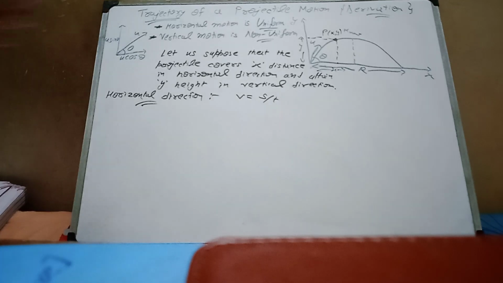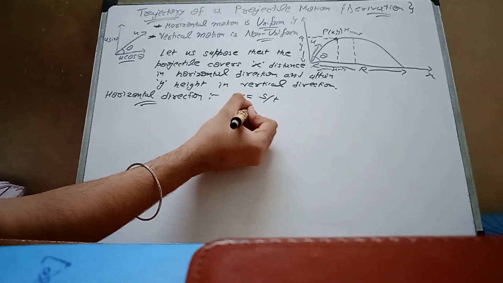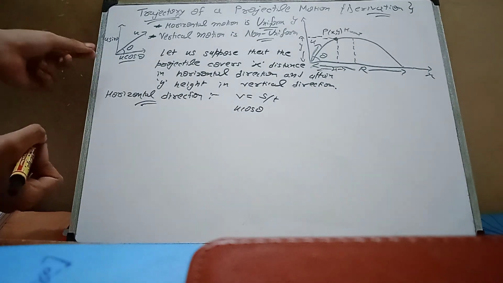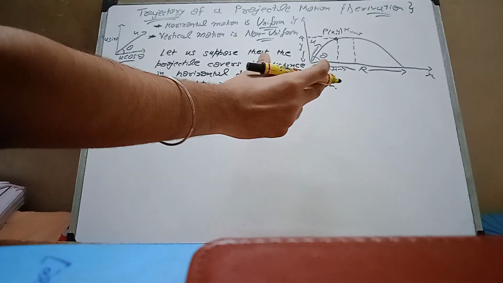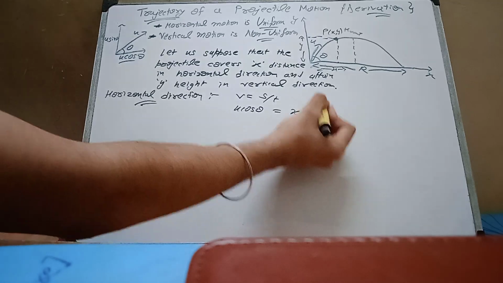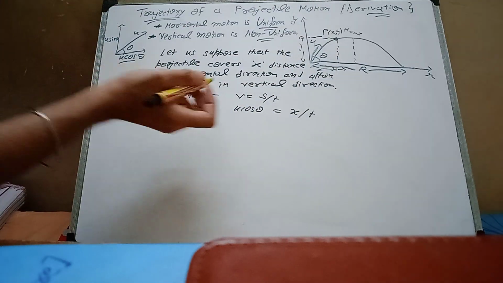So manipulating things here, we get that speed is u cos theta. Because it is constant, u cos theta equals s, the horizontal distance covered by the projectile, that is x, upon t, the time taken to reach the point x.